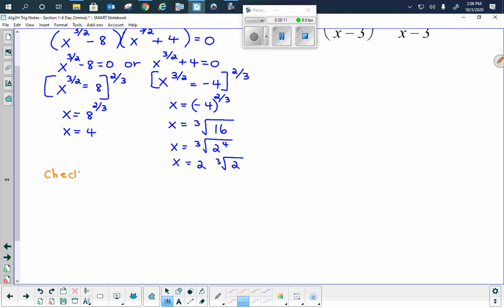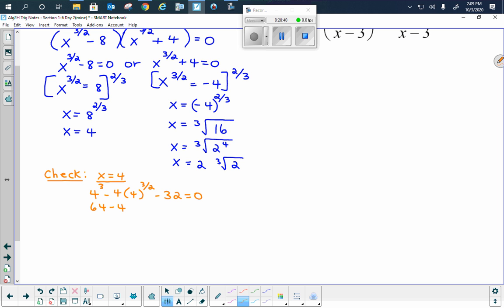Make sure in the check, I know what you're checking. So here's x equals 4. Back into the original, I would have 4 cubed minus 4 times 4 to the 3/2 minus 32 is supposed to give us 0. 4 cubed is 64 minus 4 times 4 to the 3/2.